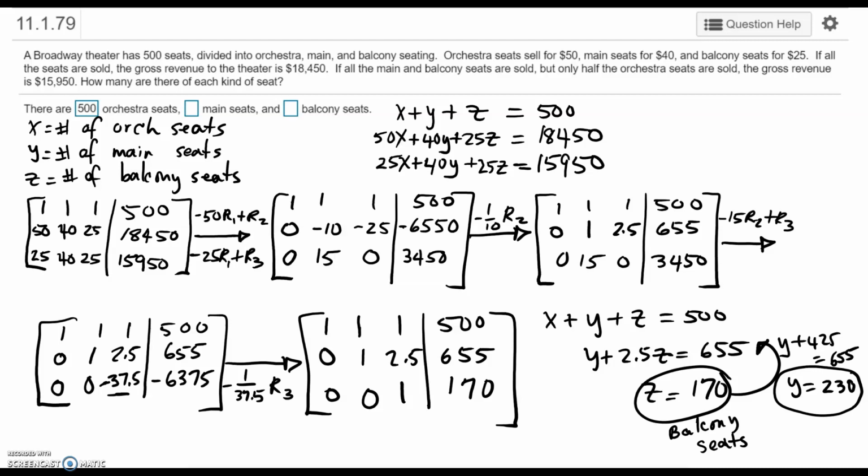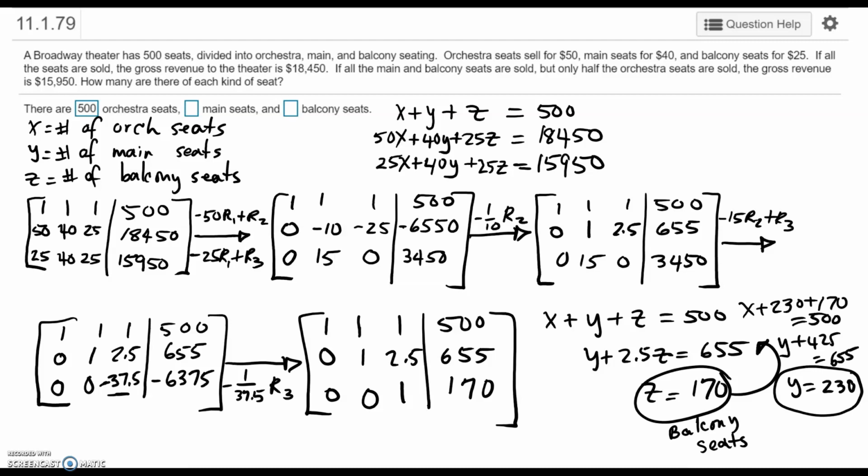So we have two variables now that we can plug in. I know that x plus 230 plus 170 equals 500.